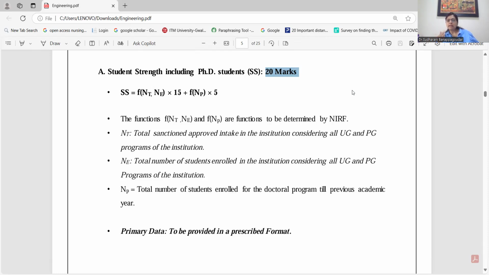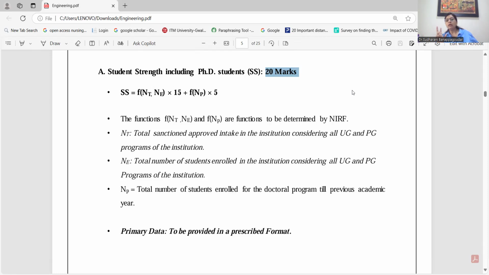Similarly, in the other example, the SS we got was 13. So 13 out of 20. Now the overall weightage, if we take 13 upon 25 multiplied by 20, is around 10.40. If we calculate that for the 30%, it would be around 3.12. So F values are not fixed, but are calculated dynamically based on the enrollment and the PhD strength also.